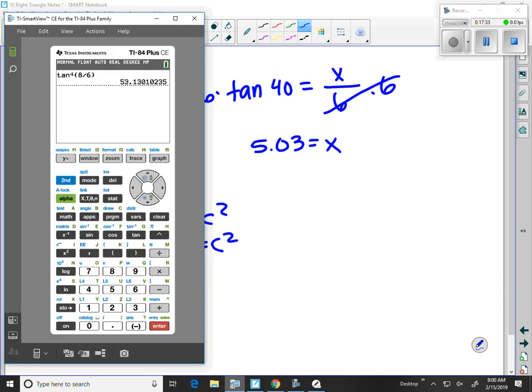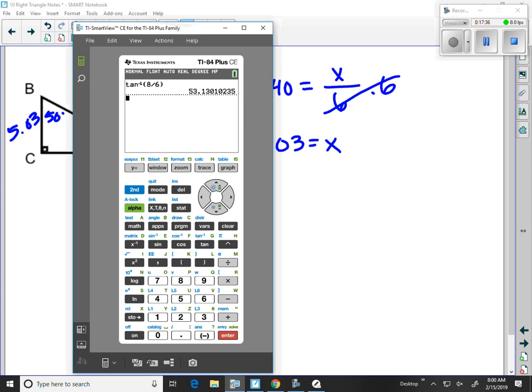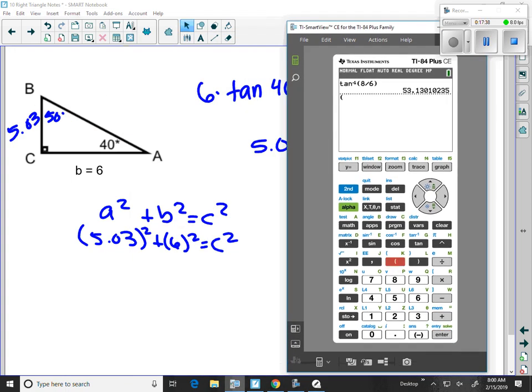Actually, I'm going to do it up here so you guys can visually see what's going on.